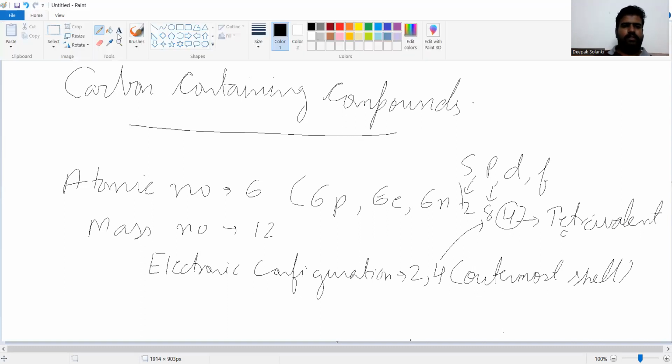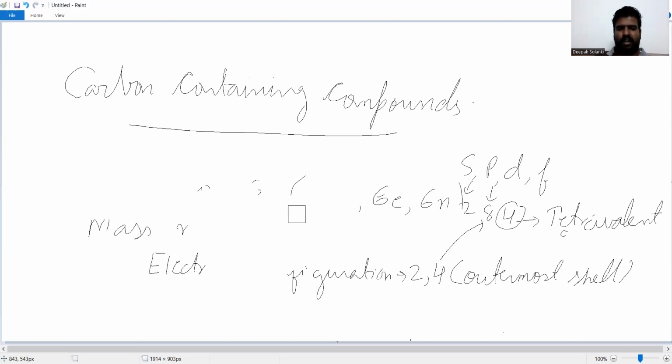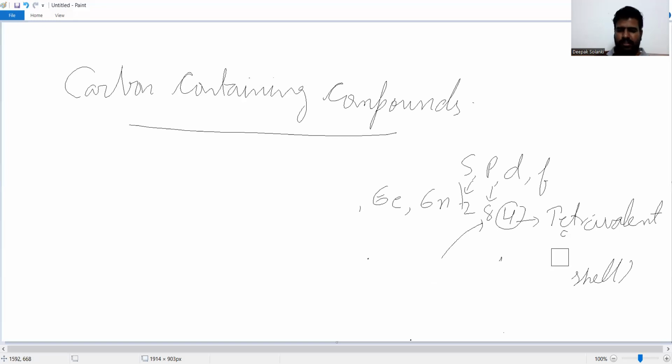Okay, let me discuss more about carbon. Why do we use carbon only and not other elements such as nitrogen, oxygen, sulfur? There are so many elements present, but why do we study carbon only in organic chemistry?